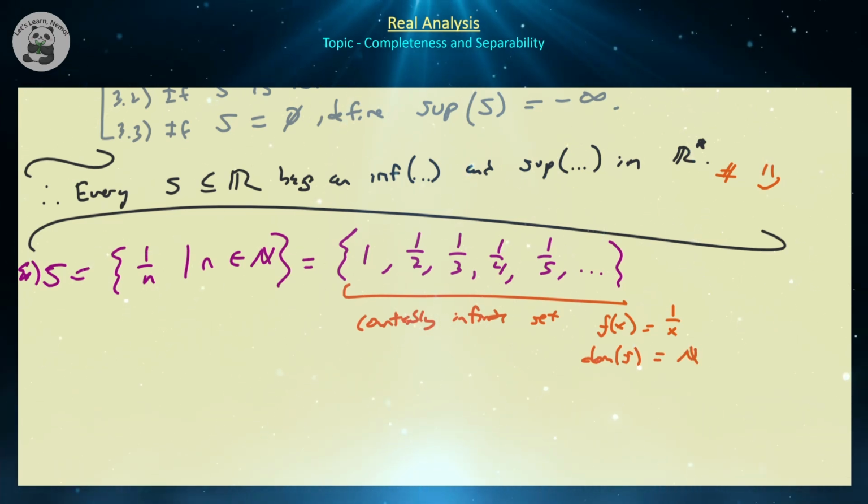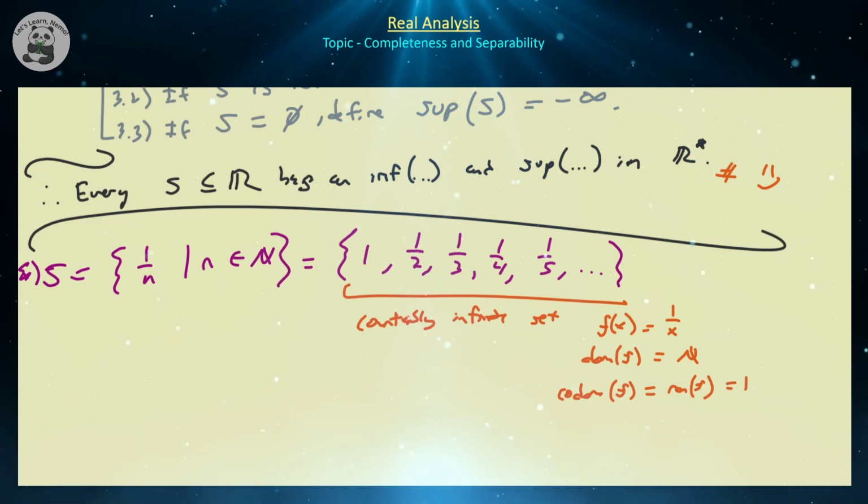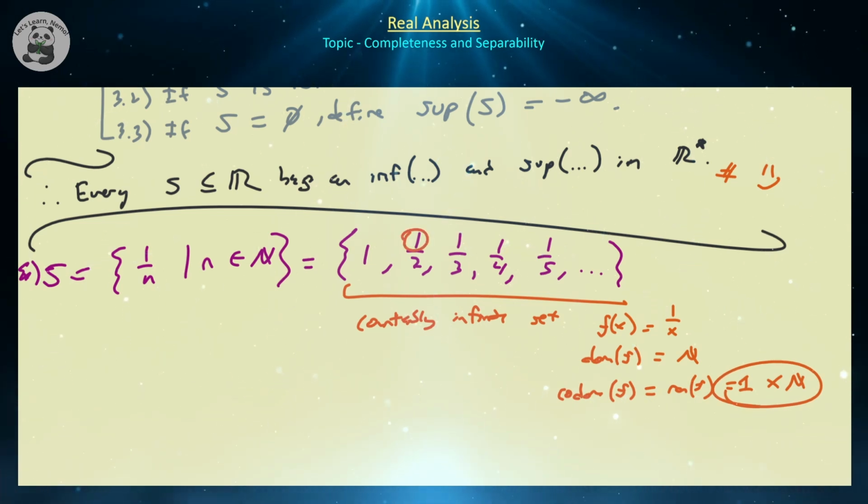That gives us the outputs, and let's assume that the codomain of this set, which is also equal to the range of this particular relation, is going to be equal to the set of 1's only, Cartesian product with the set of natural numbers. That will give it to you. Right? At least in terms of isomorphisms, because we always have 1 on top and the natural numbers on bottom, right?